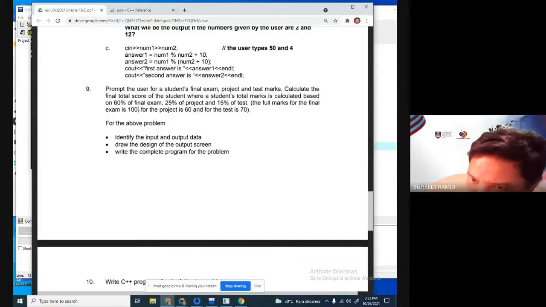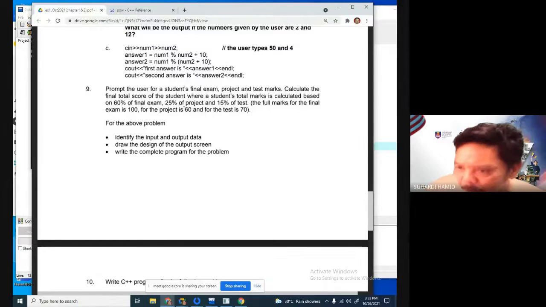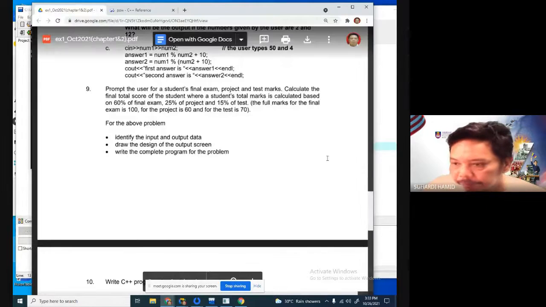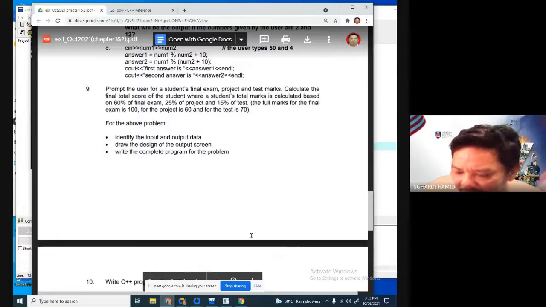If and only if you scored 100% in your final, then only you will get 60. If and only if you scored 60 in your project, then only you will get 25. Similarly for test. So, how do you go about calculating this?